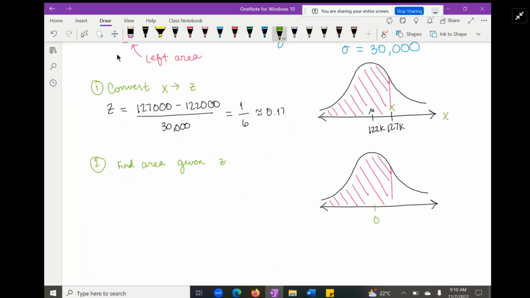So anyways, when we talk about a z-score, this is now in terms of the standard normal distribution, which I just write as SND there. We're basically talking about the same value, but now in terms of a z value, representing the position of that value. So 127,000 is at the position of 0.17, and you could say it's 0.17 standard deviations away from the mean, or the center.